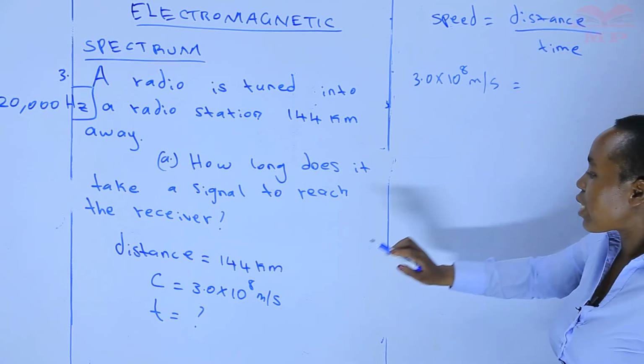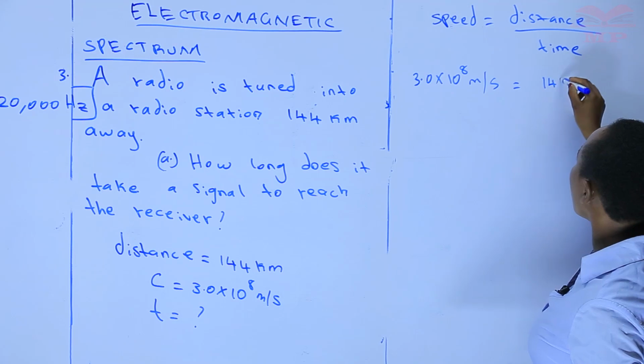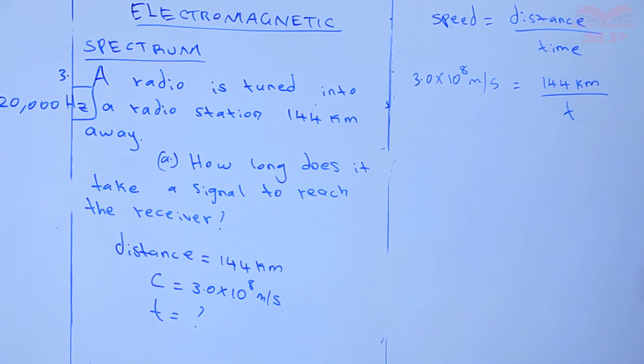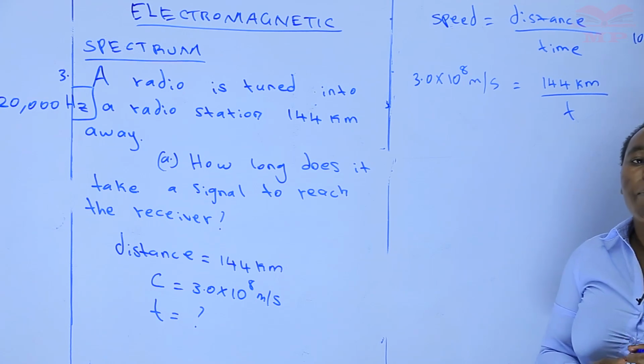Is equal to distance. Our distance is 144 kilometers, and we want to know the time that will be taken. Since here we have kilometers and here we have meters, we need to convert this distance into meters. We know very well that 1,000 meters make 1 kilometer. So when we have 144 kilometers, we simply multiply by 1,000 to get 144,000 meters.